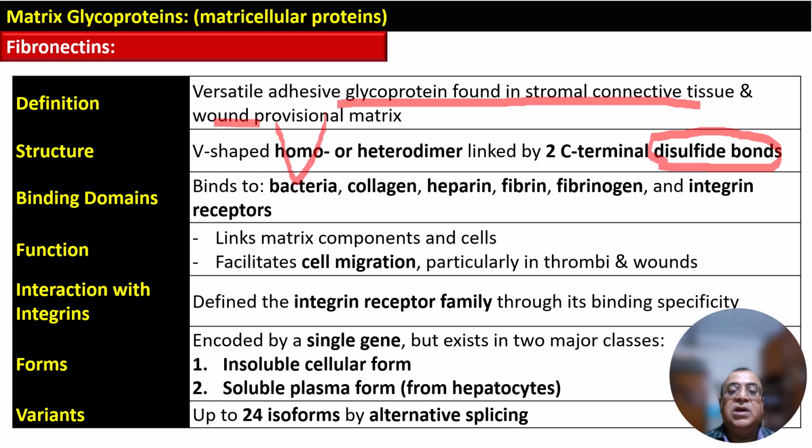Its interactions are with bacteria, collagen, heparin, fibrin, fibrinogen, and integrin. Its major functions are to link matrix components and cells, and to facilitate cell migration, particularly in thrombi and wounds.